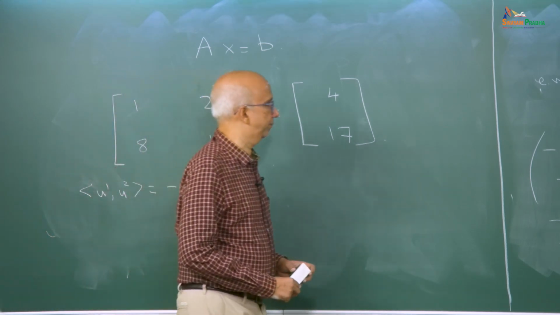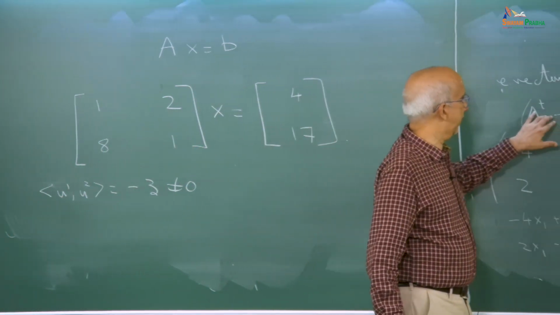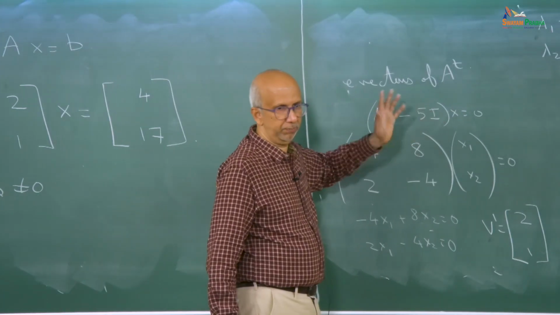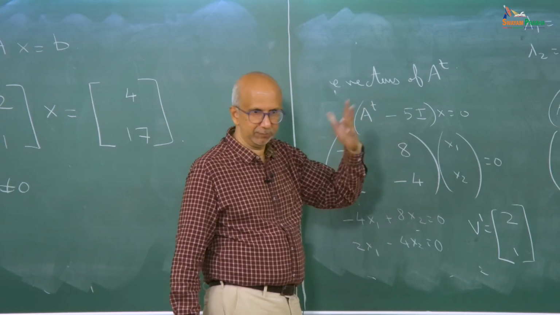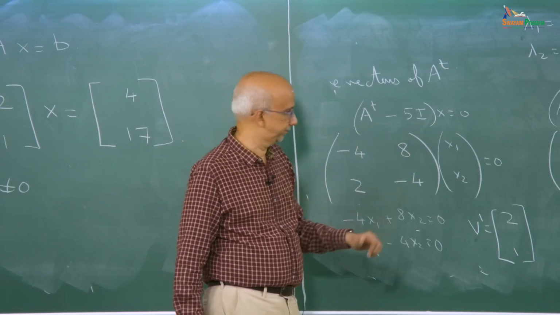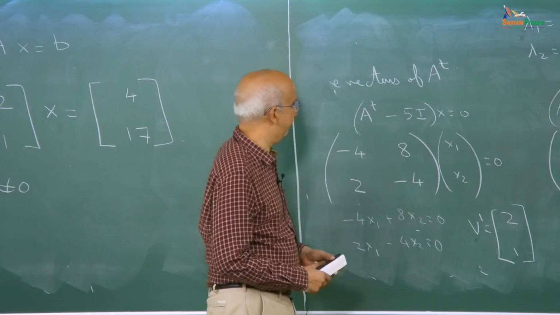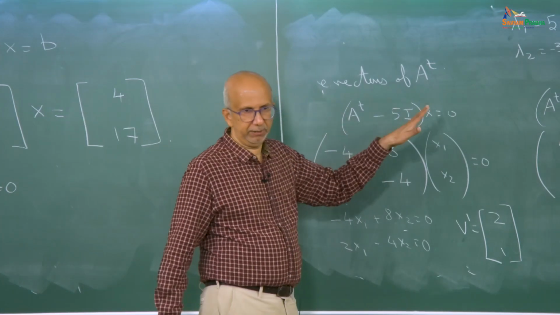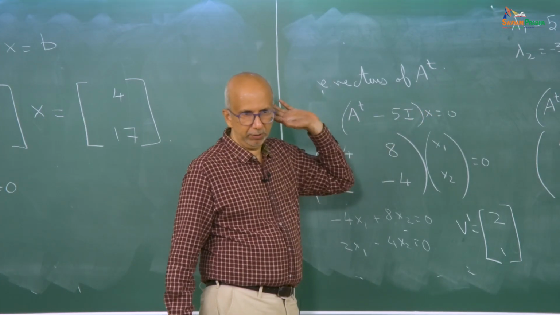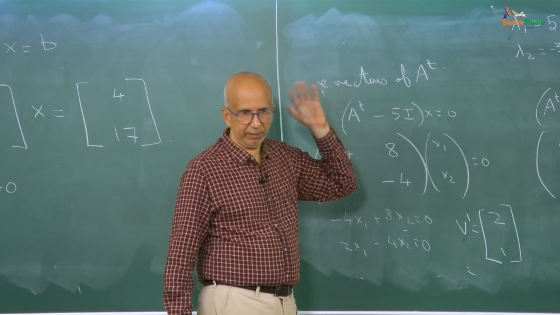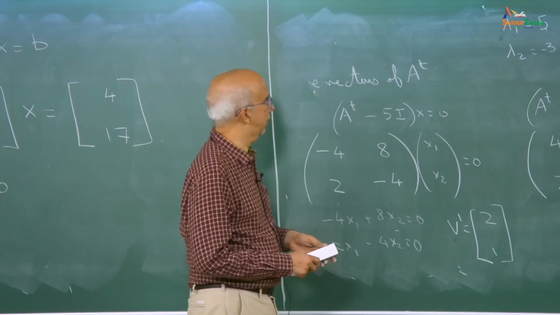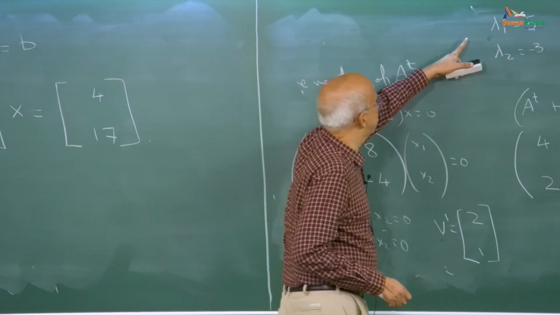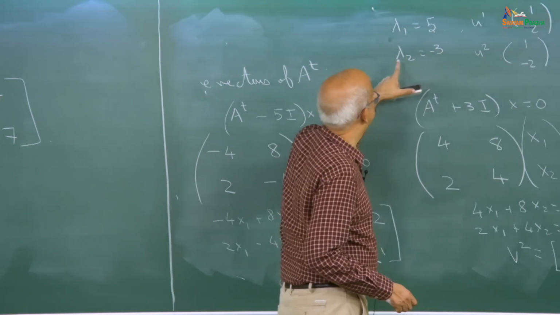So, I need to calculate the eigenvectors of A transpose because the matrix is not symmetric. If the matrix is symmetric, eigenvectors of A and A transpose are the same. Okay. So, basically what I have done, I first calculated the eigenvalues, then I calculated the eigenvectors of A, then I calculated the eigenvectors of A transpose. And you have to be careful about the numbering. The first one eigenvalue u1, second one is this.